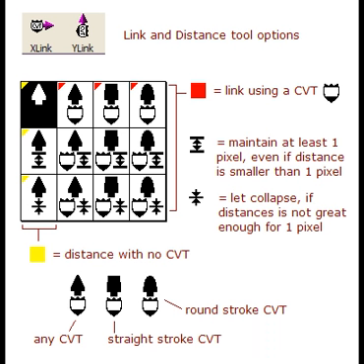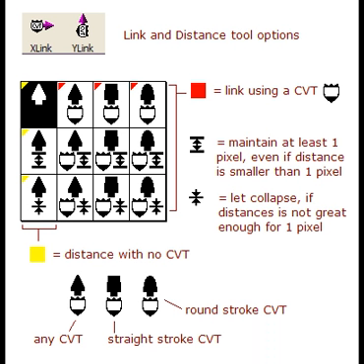Let's review the X and Y link tool options. The column on the left, marked in yellow, are the options for a link with no CVT value. The top row of options are for links using a CVT value. The symbol in the middle row tells VTT to maintain a minimum distance of 1 pixel.